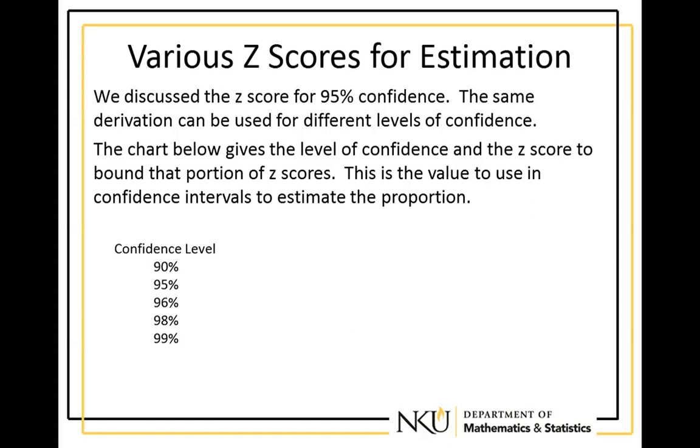Common confidence levels include 90%, 95%, 96%, 98%, and 99%. The corresponding z-scores are 1.645 for 90% confidence, the 1.96 or 1.960 we found for 95%, 2.054 for 96% confidence, 2.326 for 98% confidence, and finally 2.576 for 99% confidence.